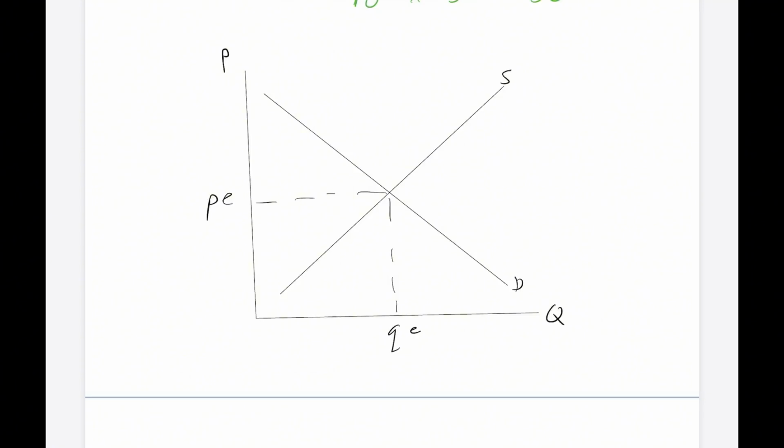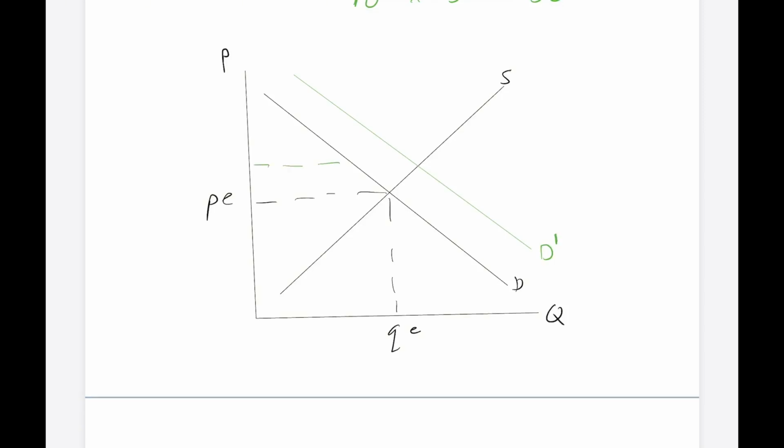Now, let's say there's been an increase in demand. There was a video on the determinants of demand, the factors which can cause a shift in demand. Let's say that the population of the economy has increased. Therefore, the demand has increased.